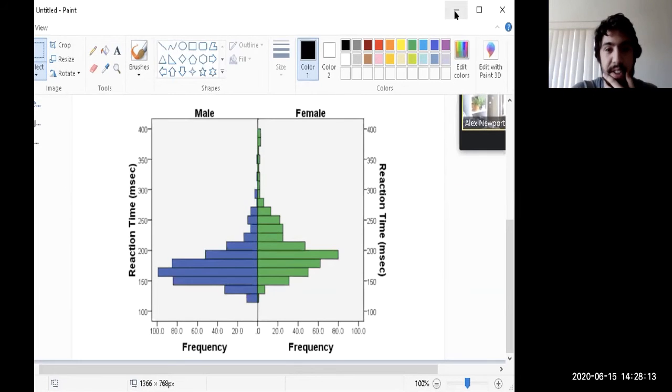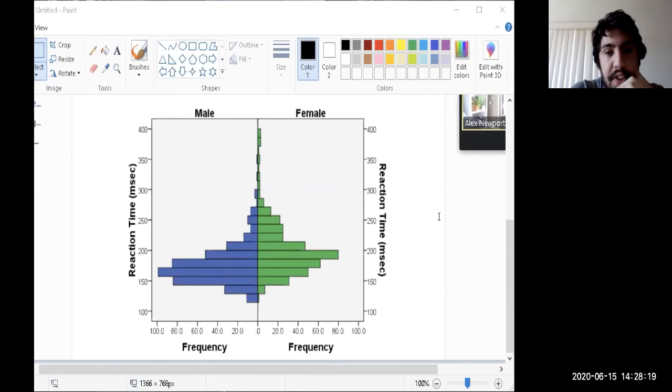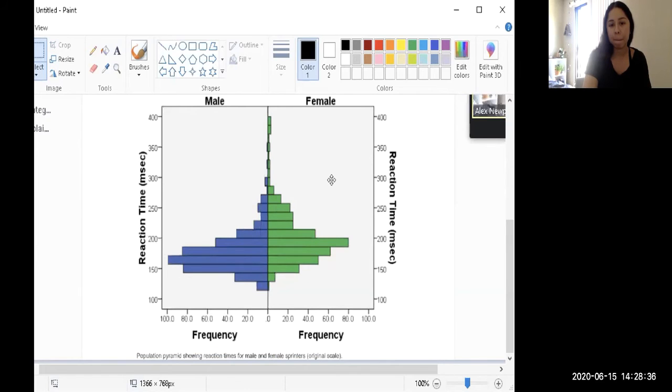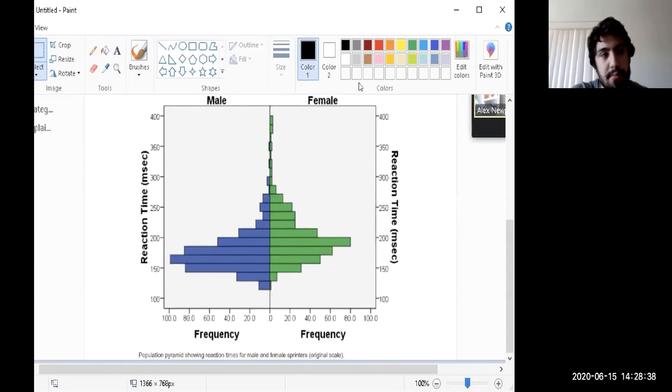Okay, you're able to see it? Okay, so what are the observational units in this one? It kind of says it at the bottom. It doesn't really say in the graph. I don't know if you guys can see it. No, you can't. Hold on. Yeah, no, we can't see that. There you go.